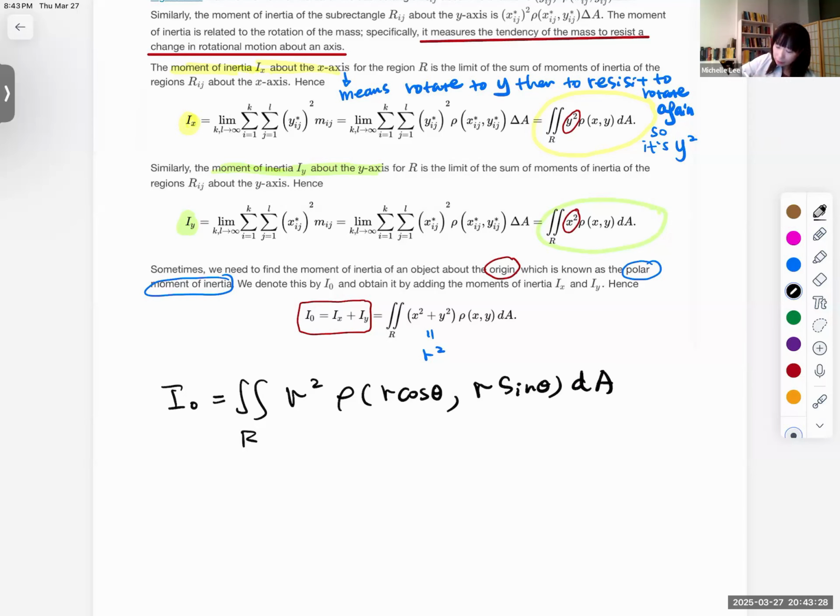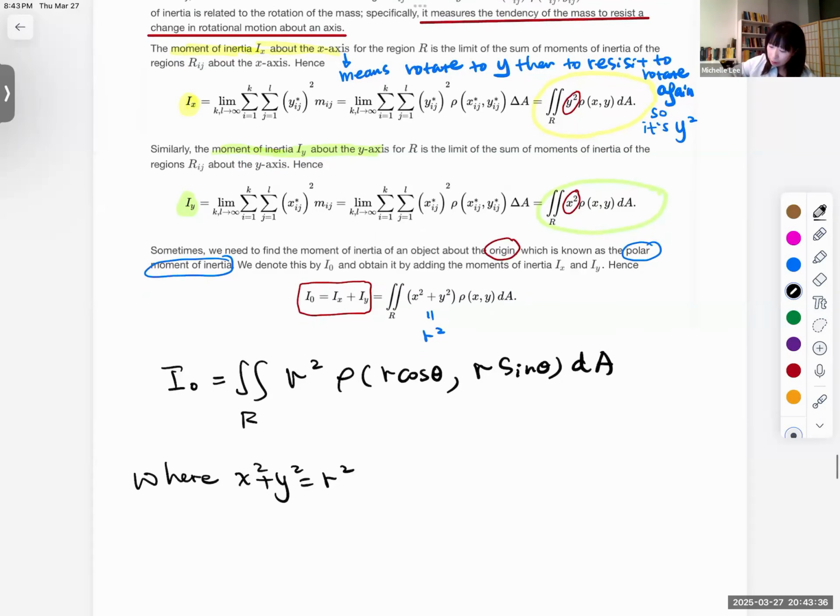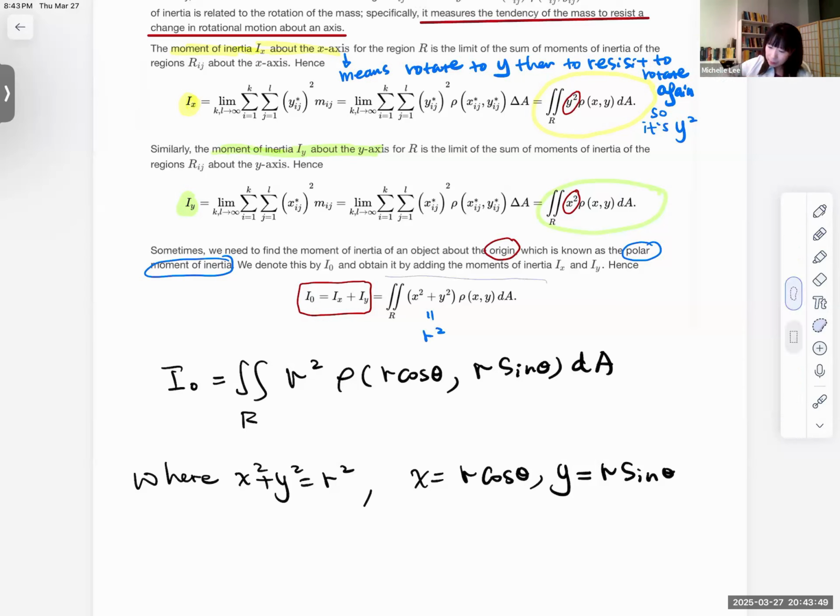Because we know that x squared plus y squared equals r squared, we talked about that earlier, and x equals r cosine theta and y equals r sine theta, right? Okay. All right, so let me copy paste this formula so that we can use it.